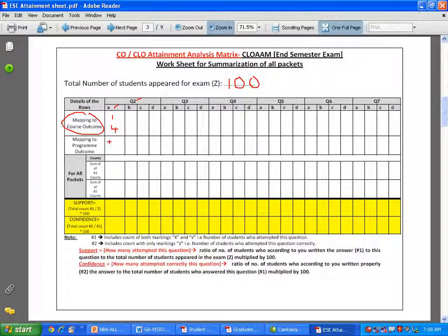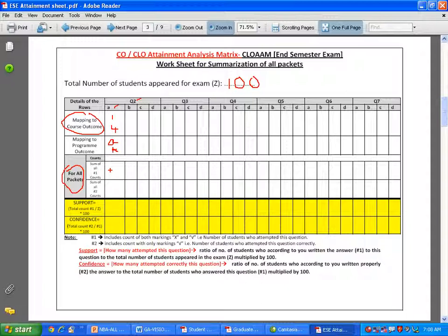And to which program outcome it is mapping, say it may be A or it may be K, whatever is there, you write it here. This is just for your reference. This is an extraction from the syllabus and also from the question paper. Now for all the packets, you are putting the summary of all these counts. The first one is the sum of all the #1 counts.